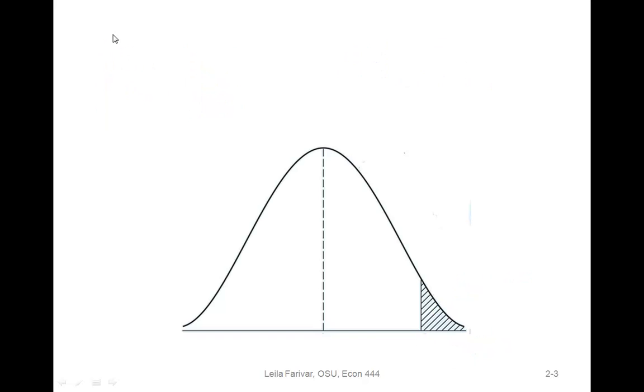Let's say now we are looking at a left tail test. So setting up our alternative, the alternative should have values only to the left of the hypothesized value of 0. Now the rejection region would be in the left tail.